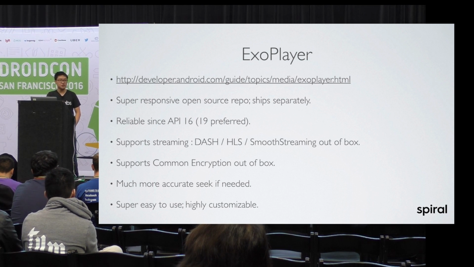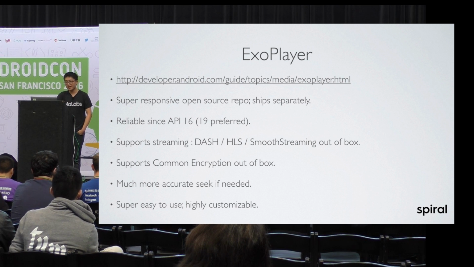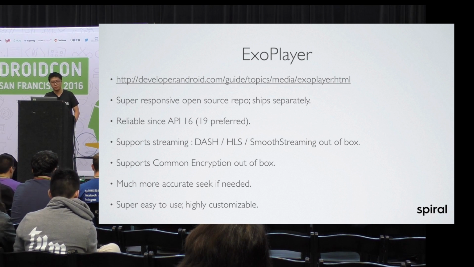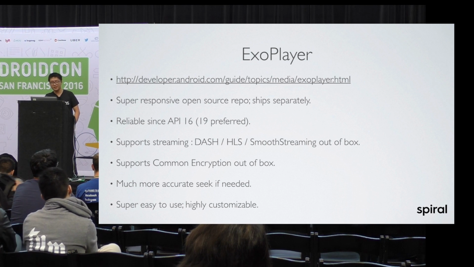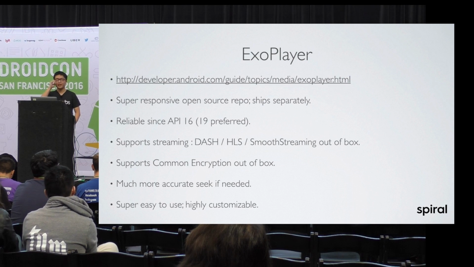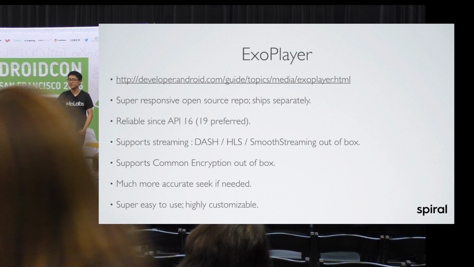It supports DASH, HLS, and all the streaming formats out of the box. And you can easily extend it to support the encryption method you want and have frame level seek if you want. It's highly customizable. But in order to customize it, we want to know what's under the hood.